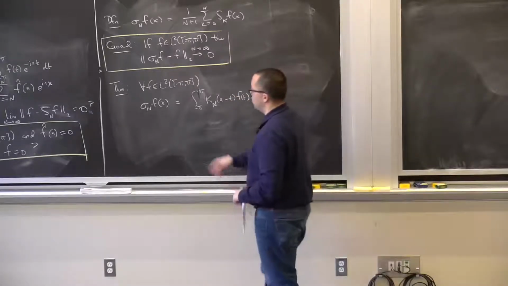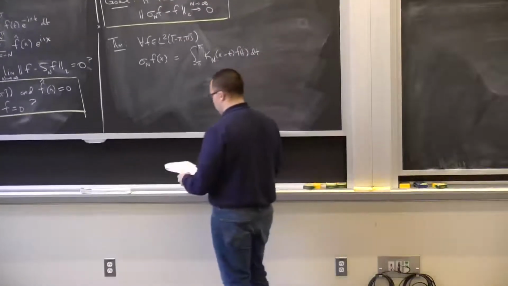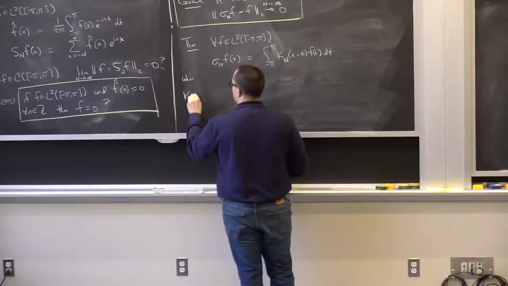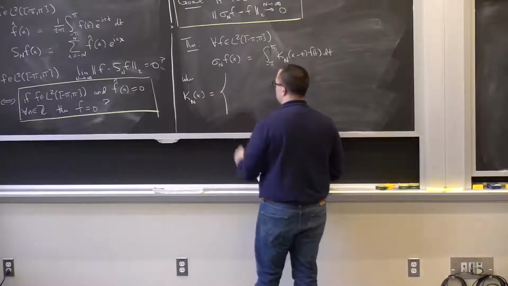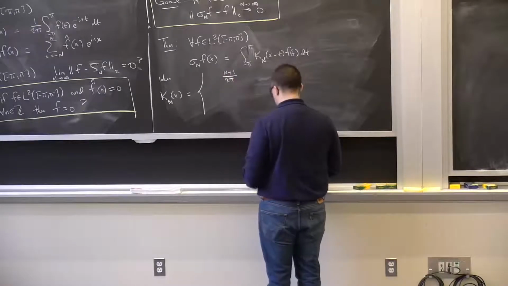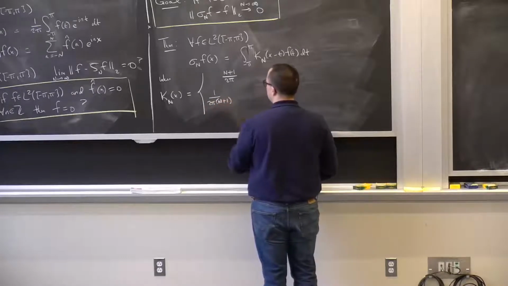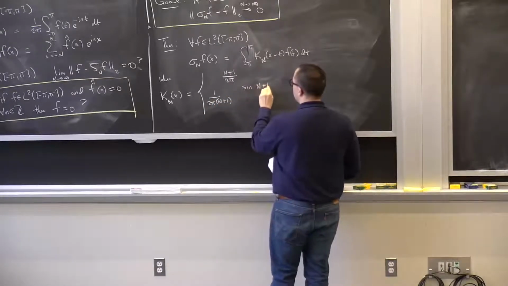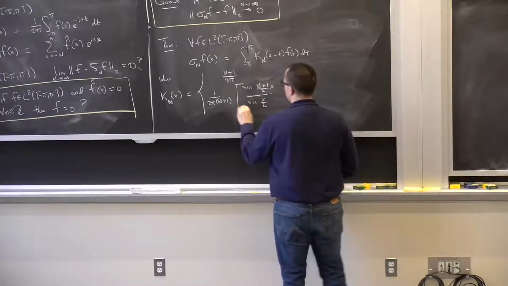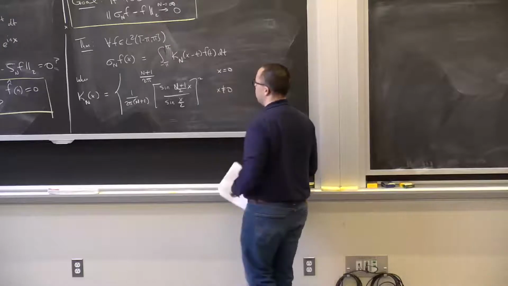So remember, for the partial sums S_N, we could write it with D_N, where D denoted the Dirichlet kernel, where K_N of x is equal to N plus 1 over 2 pi at x equals 0, and 1 over 2 pi times N plus 1 times sine squared of (N plus 1)x over 2, over sine squared of x over 2, at x not equal to 0.